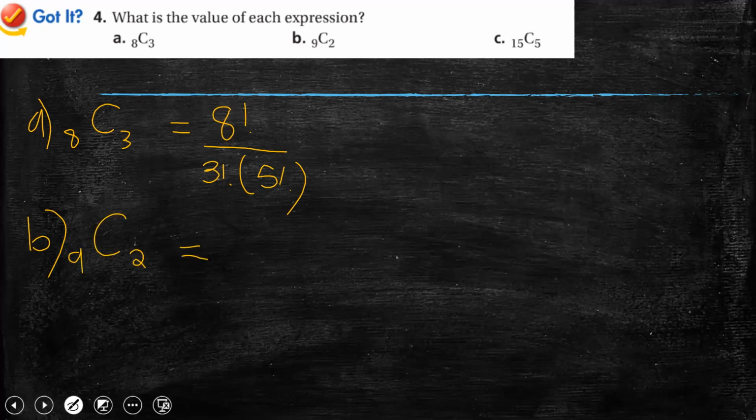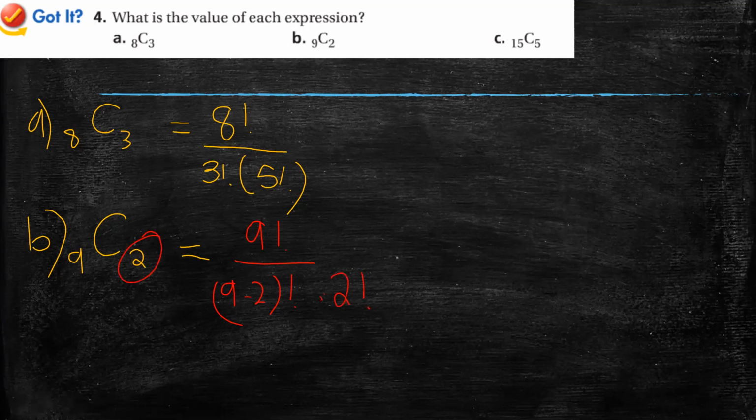Here now, 9 factorial over 9 minus 2 factorial. Times what? This is the permutation. I want the combination, so times 2 factorial. Okay, Maya?